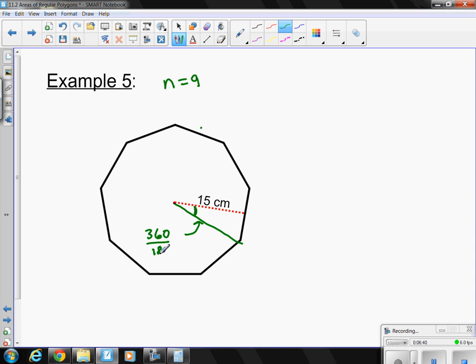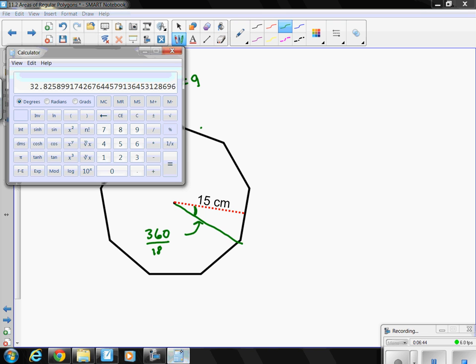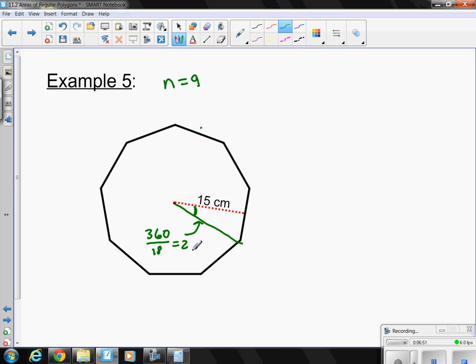So 360 divided by 18. I should be able to do that in my head, but I'll just take the easy way out today. 20 degrees. Now I need to find x.